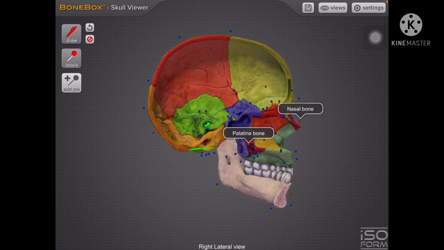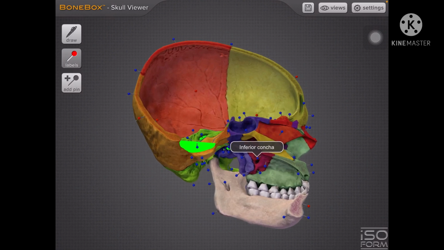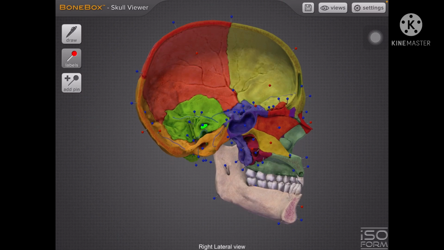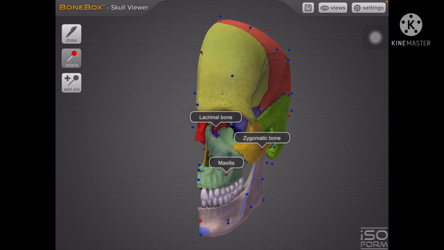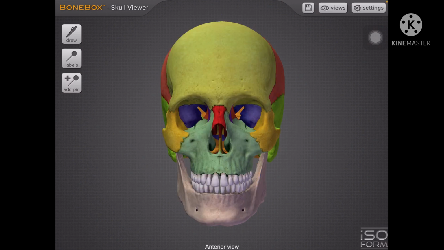Here you can see clearly the inferior concha. Okay, paired and unpaired bones of the skull are explained very clearly. Till now we have learnt the paired and unpaired bones of the cranium as well as the facial bones.